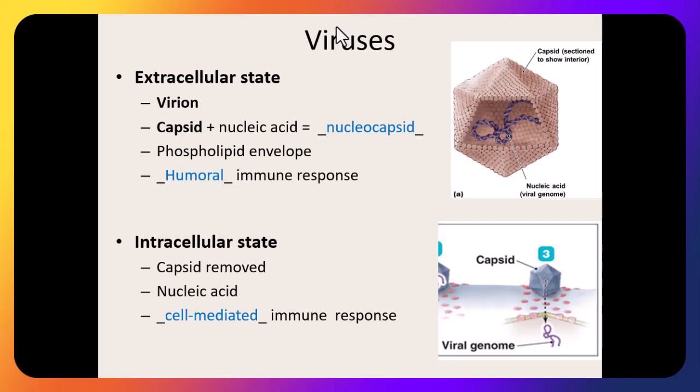In an extracellular state, so this means a virus has not gotten into whatever cell it wants to get into, we call them virions. It's another name for them. And they consist of two things. They consist of a capsid as well as nucleic acid.